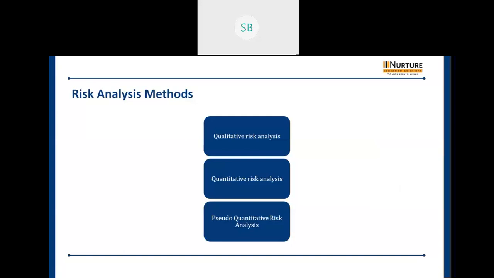Also when there is a lack of time, data, or expertise. Also when the main risks are highly unlikely to occur and the end result will not change, or when the cost of performing other types of risk analysis is prohibitively expensive. Quantitative and pseudo-quantitative are comparatively on the higher side, so we can go for qualitative risk analysis because it is comparatively less costly.